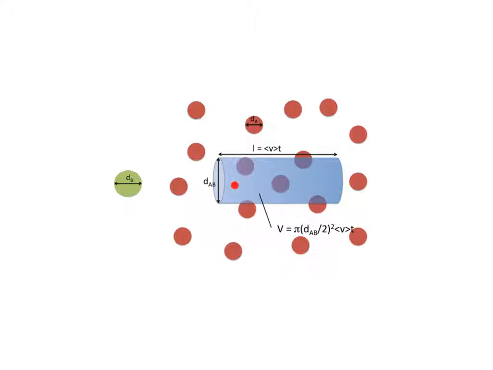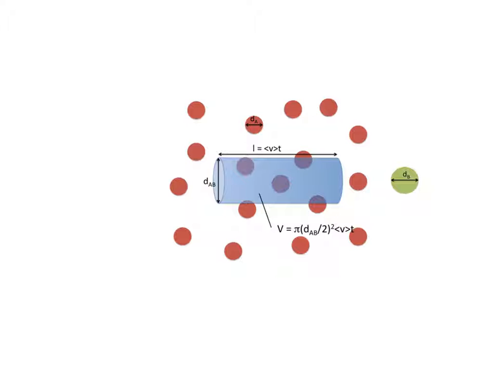So if the length of this cylinder is equal to the distance that this molecule travels in 1 second, which is just its velocity times 1 second, then I can just count the number of A molecules that are in that cylinder, and that will be the number of collisions that this B molecule undergoes with A molecules as it travels through that cylinder.